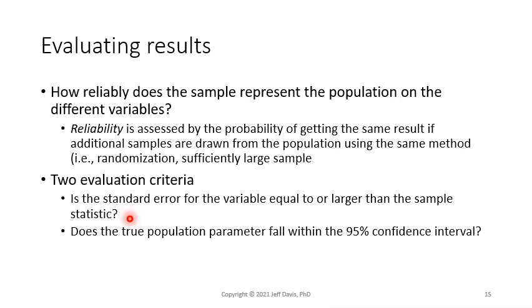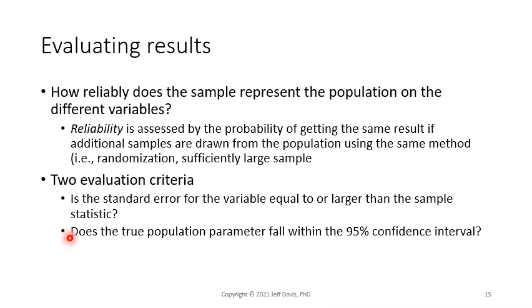And then, since we have the population, we want to compare the population parameter to the 95% confidence interval. We ask simply, does our population parameter fall within the confidence interval that SAS has computed for us?